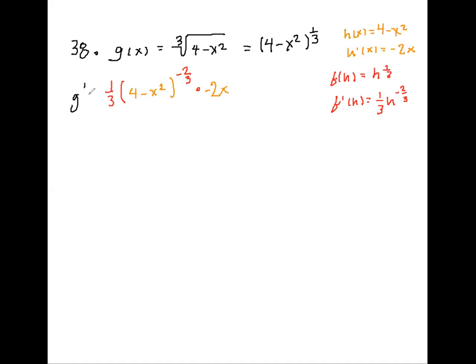So this is my g prime of x. So this is going to be equal to minus 2/3 x times 4 minus x squared to the negative 2/3. Okay, this is not quite so clean. What are we now looking at?